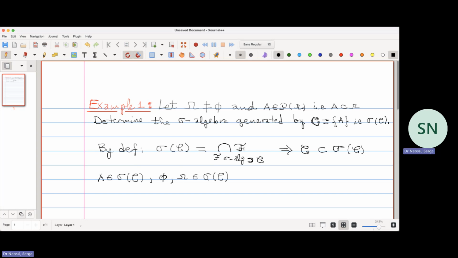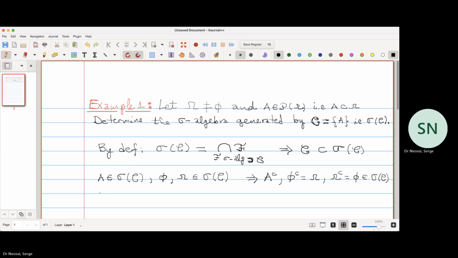Now, by the definition of the sigma algebra, it is stable by complement. So this implies that the complement of A, the complement of the empty set, which is omega, and the complement of omega, which is the empty set, are also in the sigma algebra generated by C.